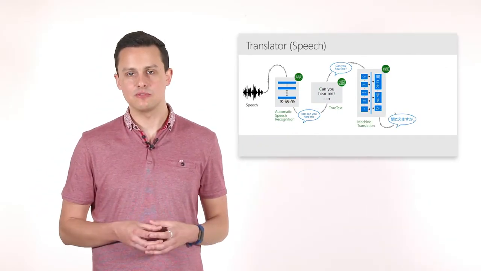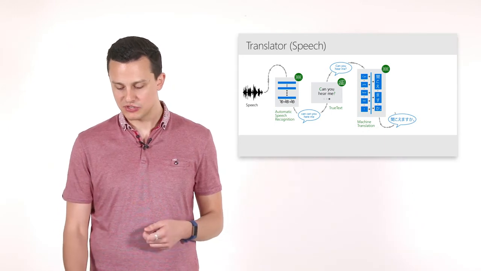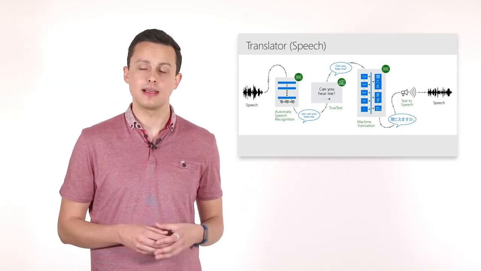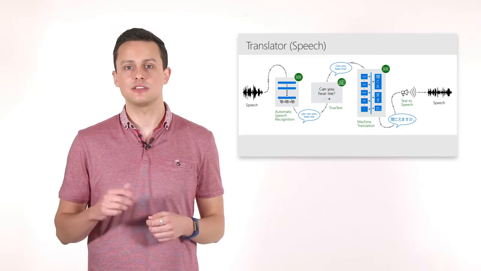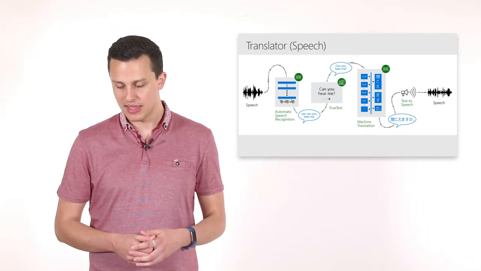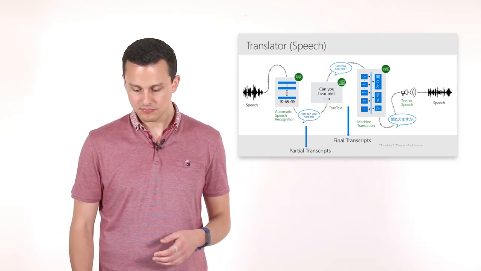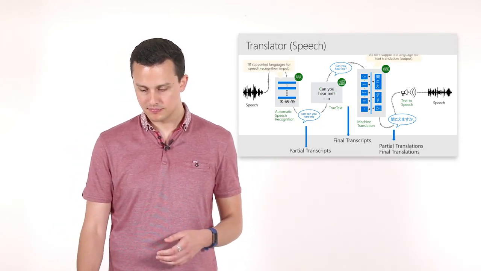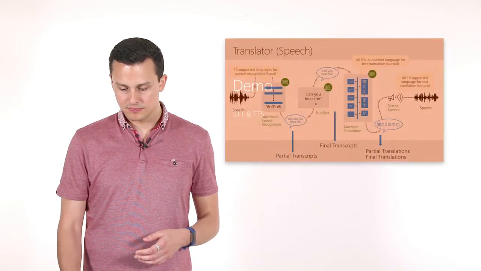Once we have this clean recording, we can then pass it through machine translation. And then optionally, we can push it back through text-to-speech to generate a synthetic output of that message. So let's go and have a look at that in action.